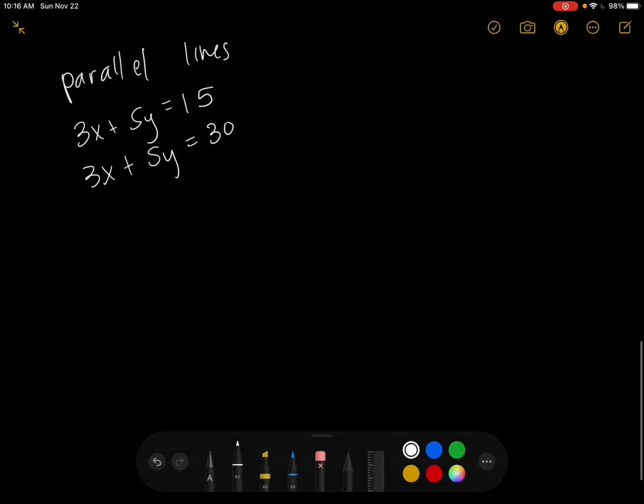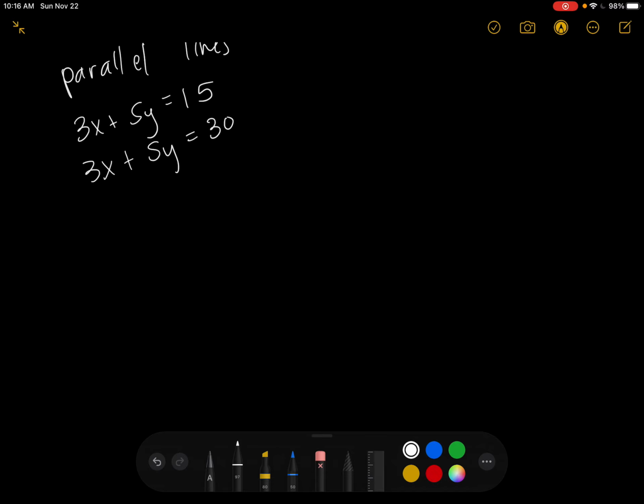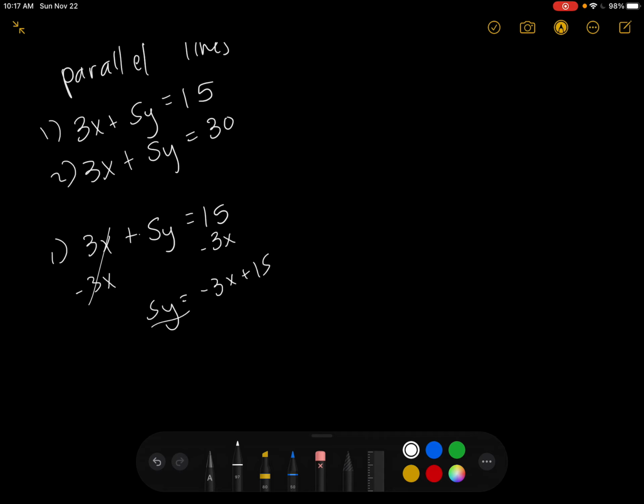Okay, going to solve each one for y, write it in slope intercept. So the first one, do 2 over here. 30.